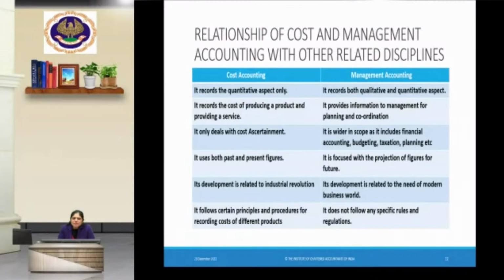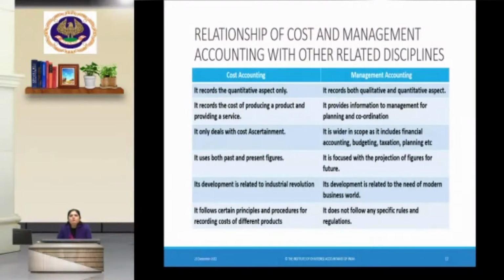Cost accounting only deals with cost ascertainment. Management accounting is wider in scope. It includes financial accounting, budgeting, taxation, planning, and everything. So, of course, management accounting is basically management focused on accounting. Accounting could be cost accounting, financial accounting, budgeting, taxation also.